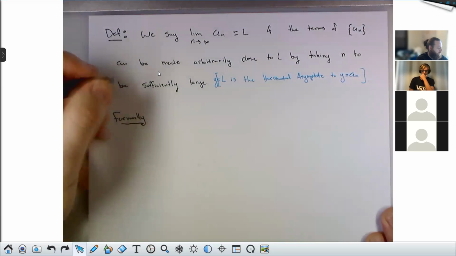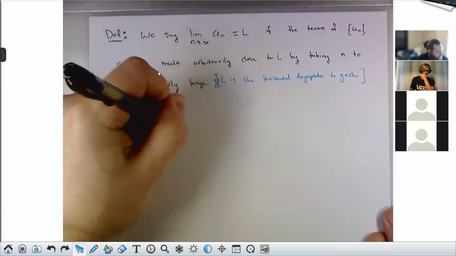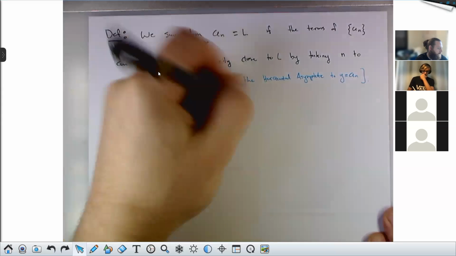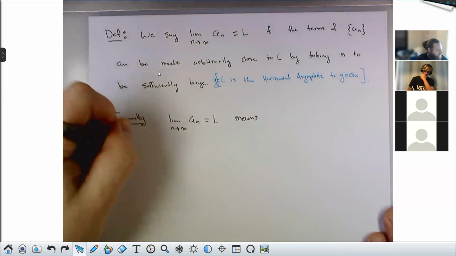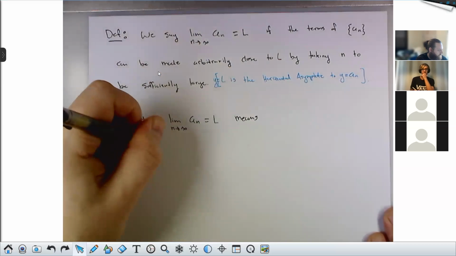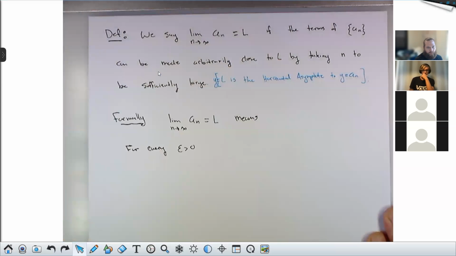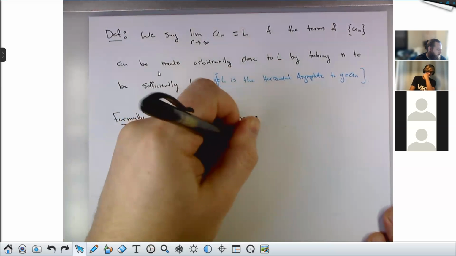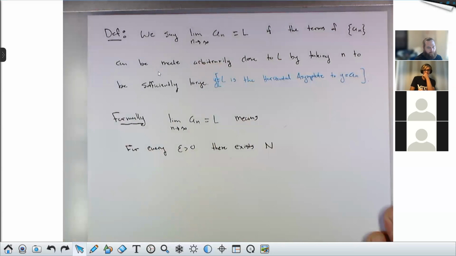Formally, the limit as n goes to infinity of the sequence a_n is equal to L means that for every positive number epsilon, for every epsilon greater than 0, there exists a natural number n, capital N.